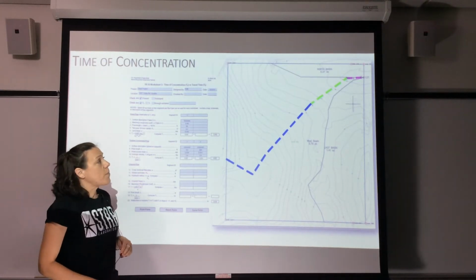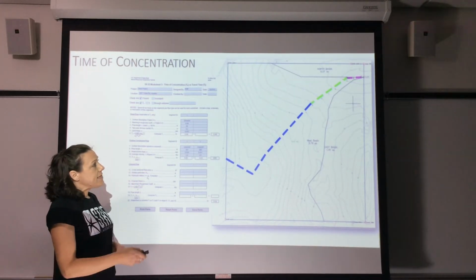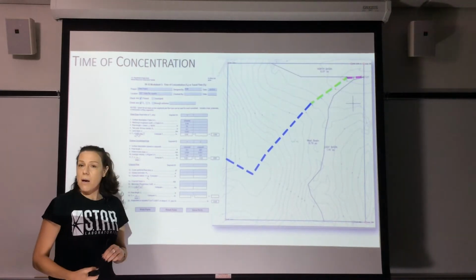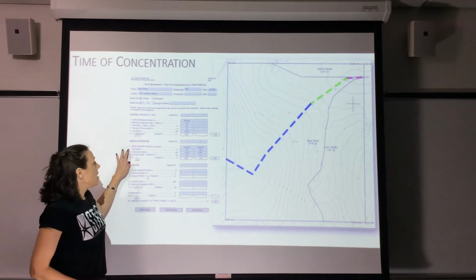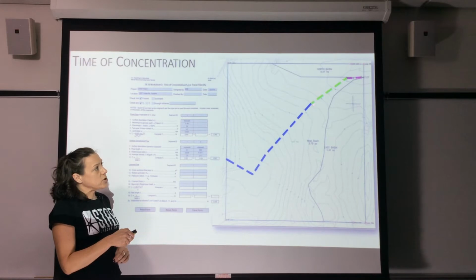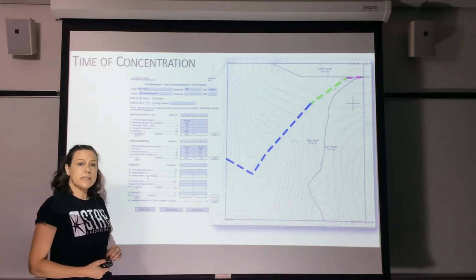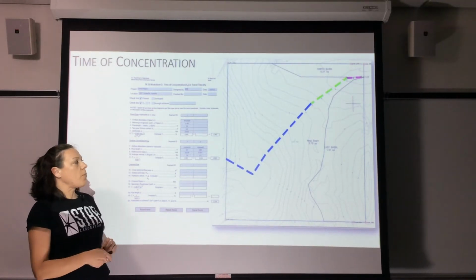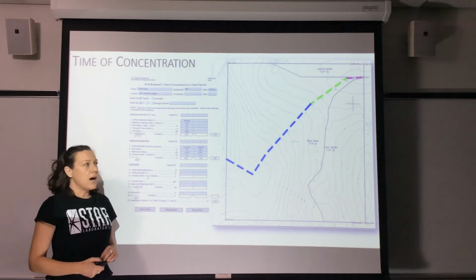That gives me the slope of that first section. And then the green section is going to become my shallow concentrated flow, and we're going from an 87 down to an 83 at a certain distance. So we'll have to figure out the slope of each of those sections.